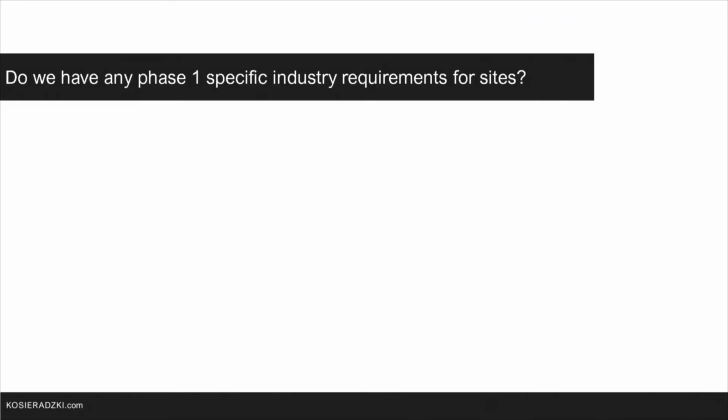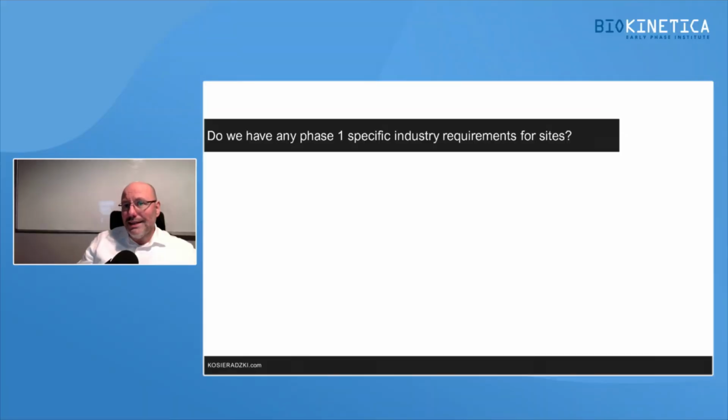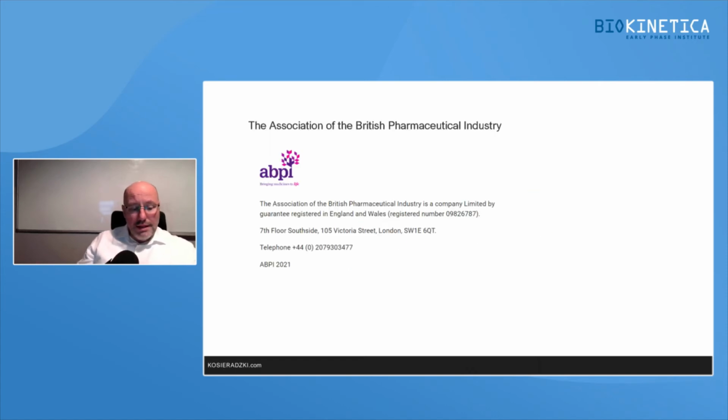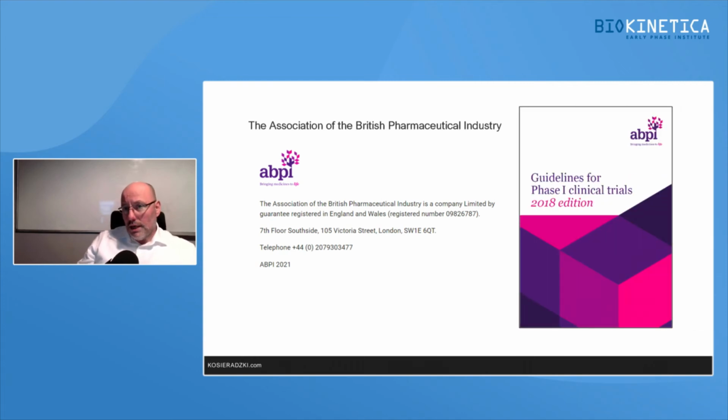And of course, we have some phase one dedicated requirements that are important from the industry perspective, and the most important and well known is the ABPI guideline on phase one. This is a kind of prerequisite for every clinical phase one unit. However, during my different audits, I came across phase one units that didn't fully accept these ABPI guidelines.